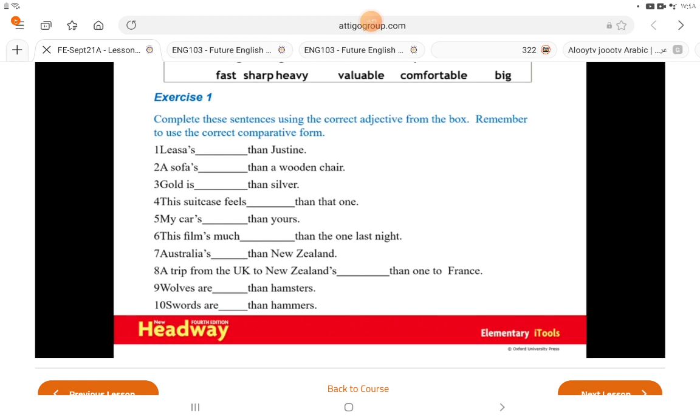Yes, Haneen. Wolves are more intelligent than hamsters. Very good. Number 10. Swords are sharper than hammers.